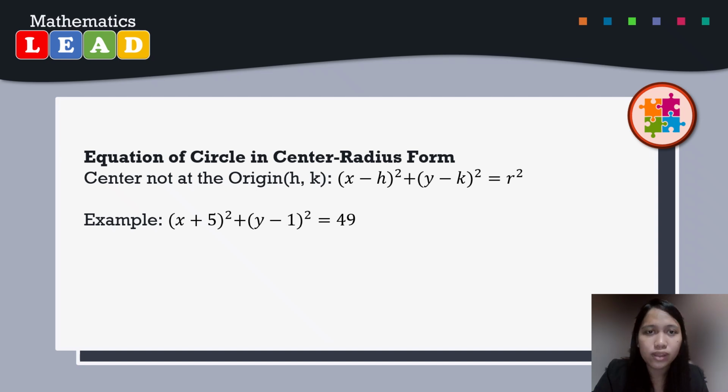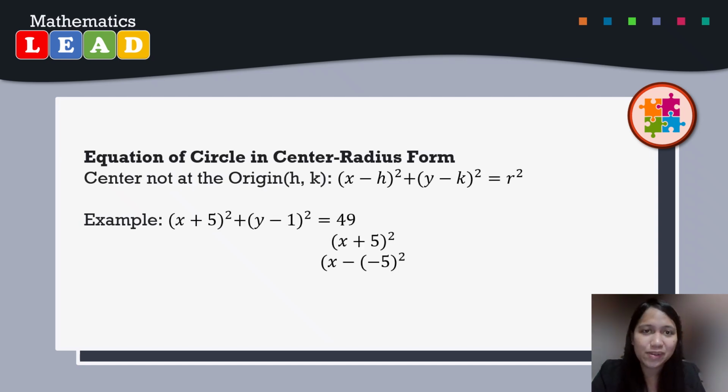Now, what if the given is the equation form? For instance, quantity of x plus 5 squared plus quantity y minus 1 squared is equal to 49. Now, we will find the value of h, k, and r one by one. First is h, so we will use the quantity x plus 5 squared and change the sign to become the same as the format of the equation of the circle in center radius form in center, not at the origin.